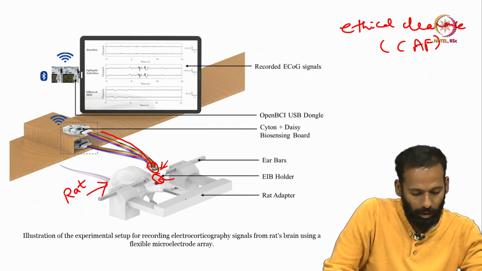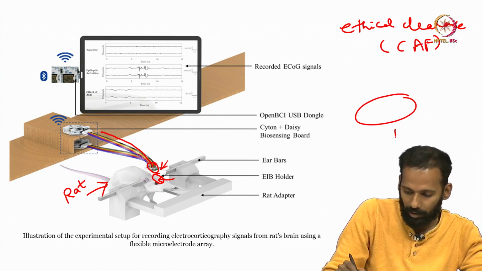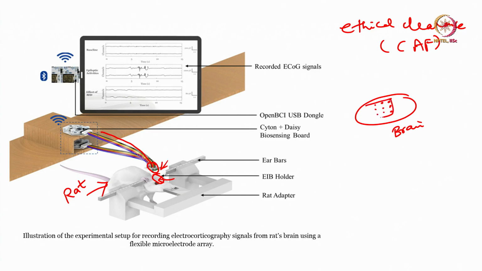So, the electrodes that are present on the brain, let us say this is the brain typically, and we have some electrodes that are running on the brain, and there is a sensor here. This we call a micro electrode array. The other end of this micro electrode array is connected to a PCB.